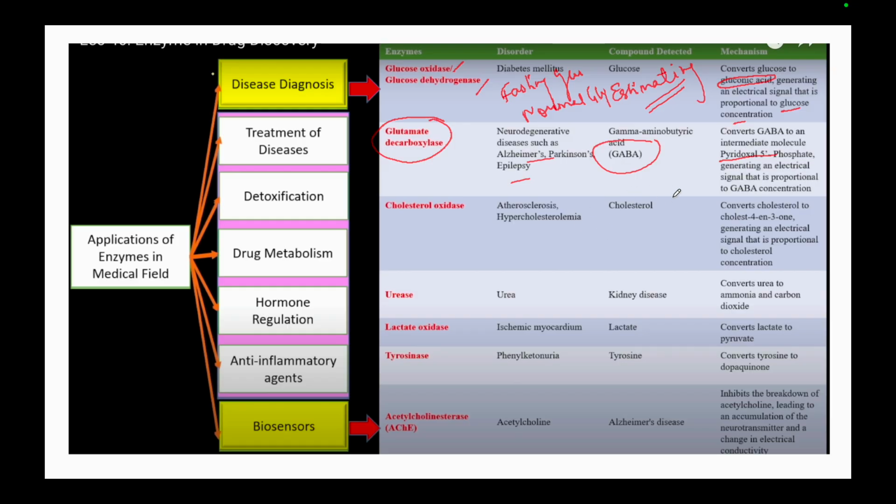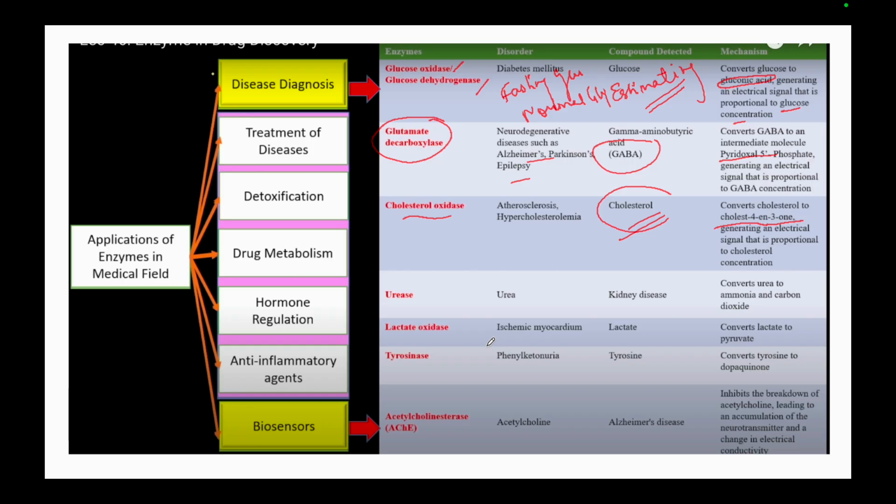Here the compound that we detect is cholesterol, and this is detected by the enzyme cholesterol oxidase. These are a few examples in which enzymes are used for diagnostic purposes. Cholesterol oxidase is again an oxidizing enzyme. It will convert cholesterol to cholest-4-en-3-one, a compound that can be estimated and which is directly proportional to the cholesterol levels in the blood.